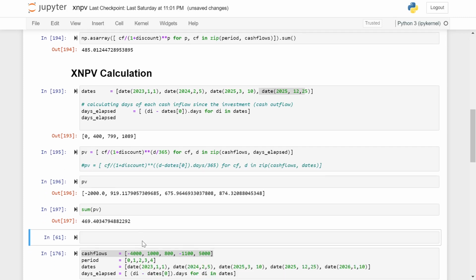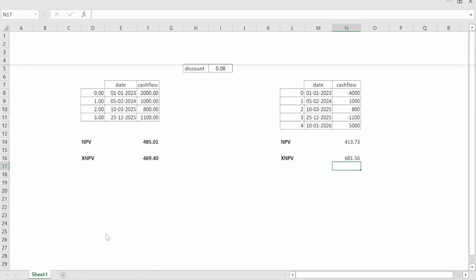Good. Now we will use the Excel formula to see whether these figures are matching or not. So let us go to the Excel sheet. This is our Excel sheet. Let us give this formula all over again.